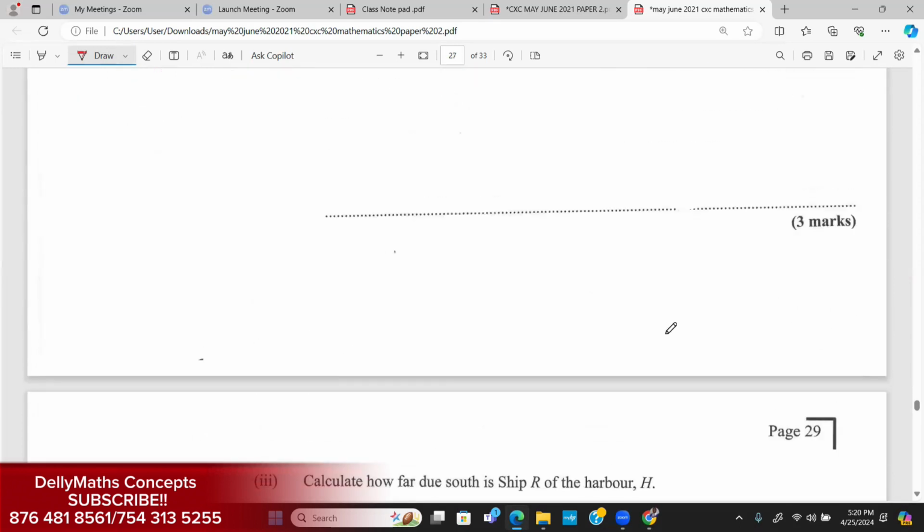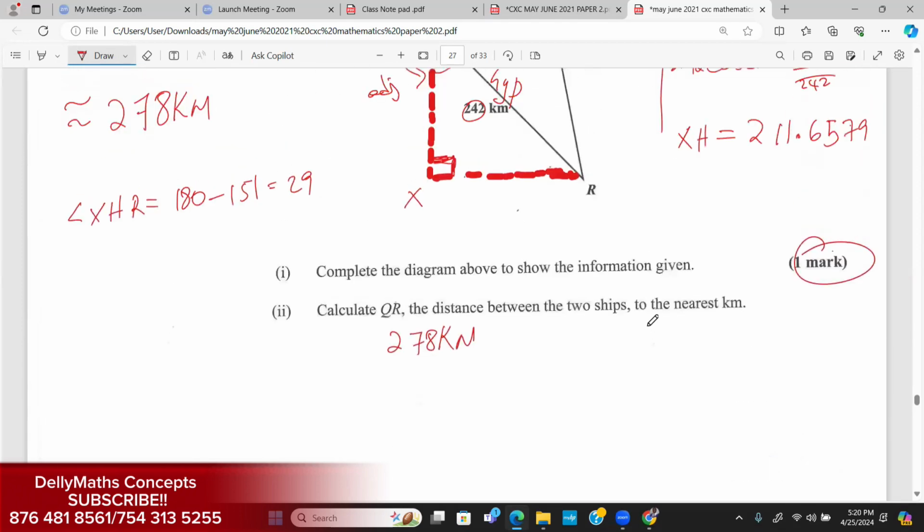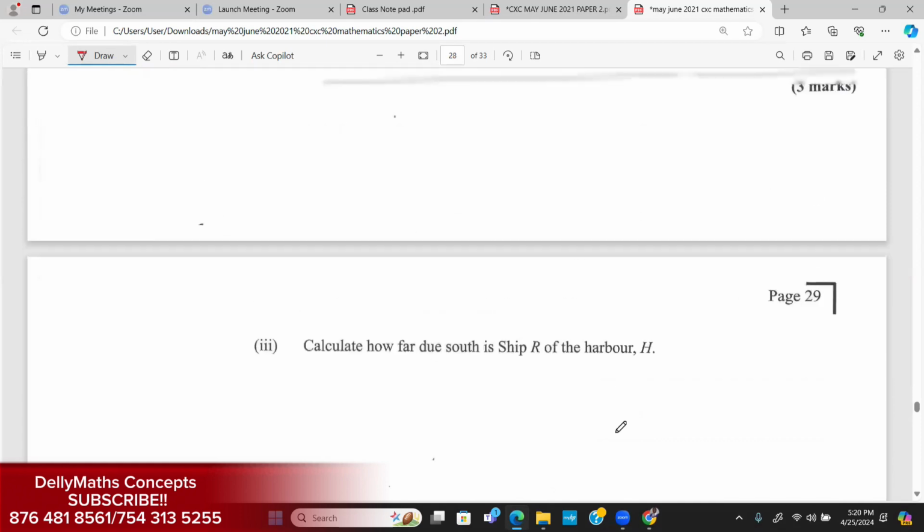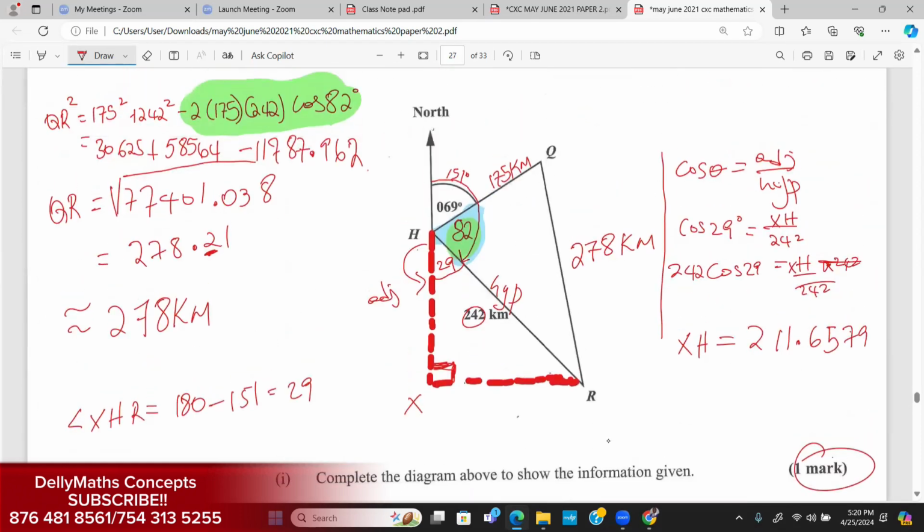All right, basically I'm going to round this off like this other one here to the nearest km. So this is 212 km to the nearest km. But this is the definite answer right there. To the nearest km, it's 212, which means that if you travel 212 km south, you're going to line up such that you could easily approach R going east.